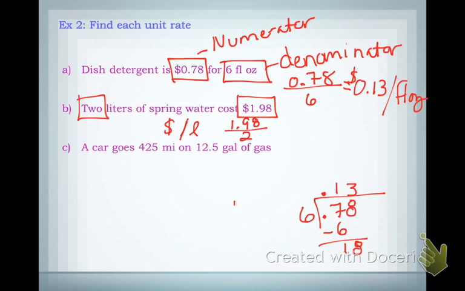So I'm going to do $1.98 divided by 2. Well, 2 goes into 1 zero times, but 2 can go into 19 nine times. And again, 2 can go into 18 nine times. So it's going to be 99 cents per liter.